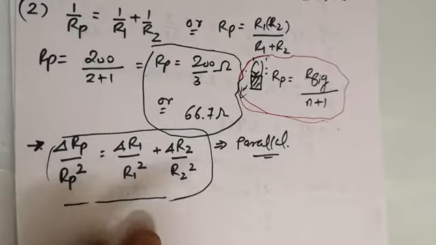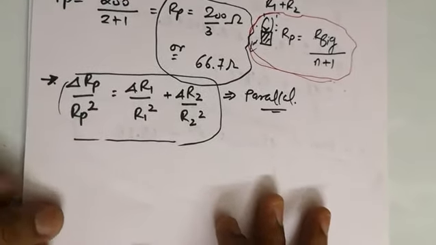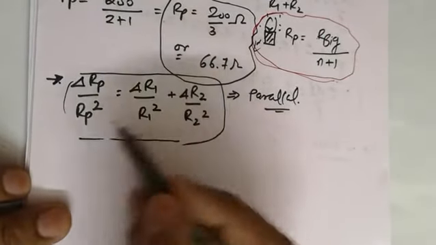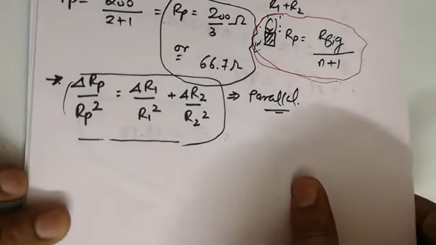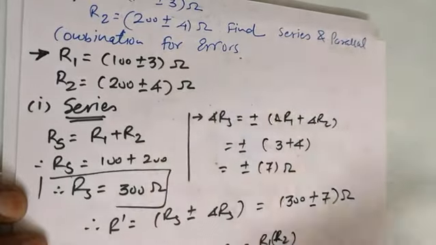So what I am doing is calculating this part for you. Be careful whenever you are putting in its values. We have already calculated the parallel part, we will place it over here. Delta R1 is 3, delta R2 is 4.